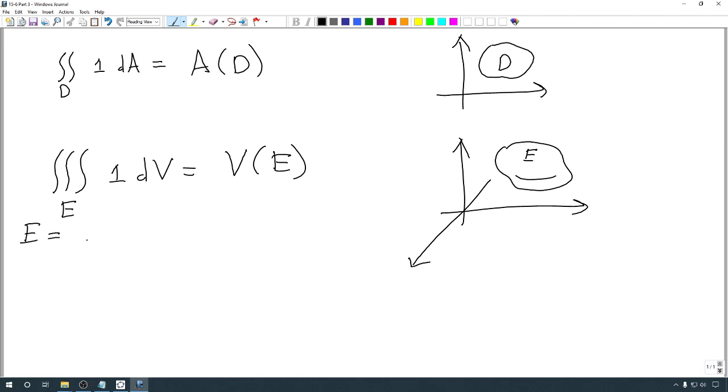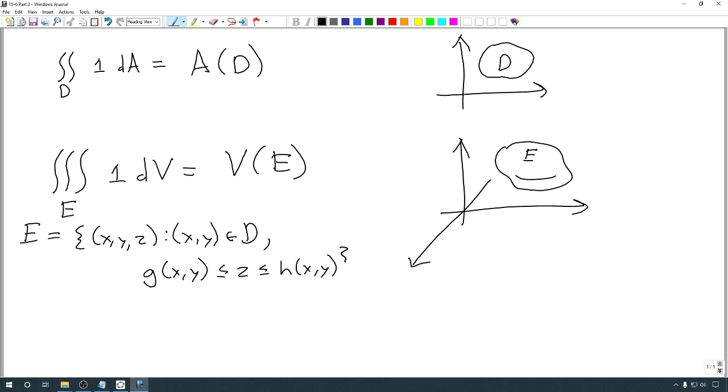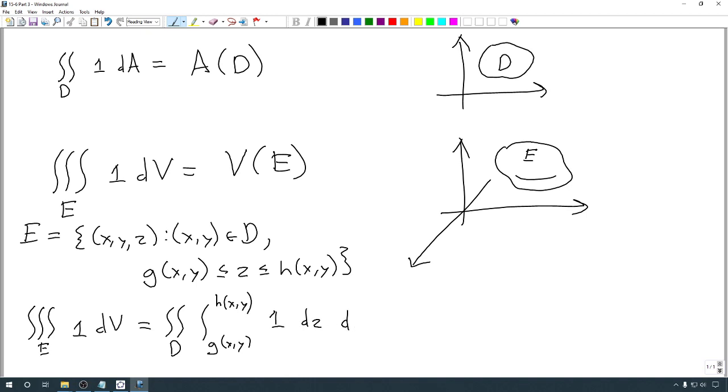So if E is some region where x and y vary over some region in the plane D, and then the z values are bounded between two functions of x and y, then the way we set up our triple integral of 1 is as a double integral over D of the integral from g(x,y) to h(x,y) of 1 dz dA.